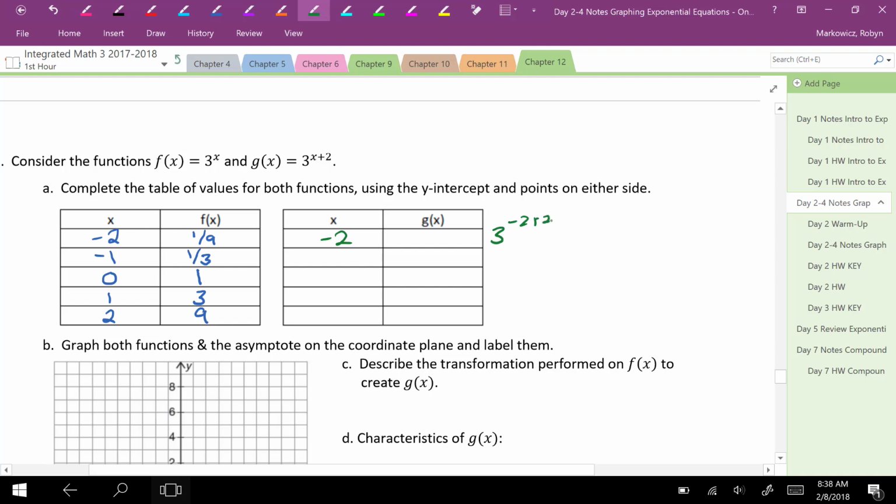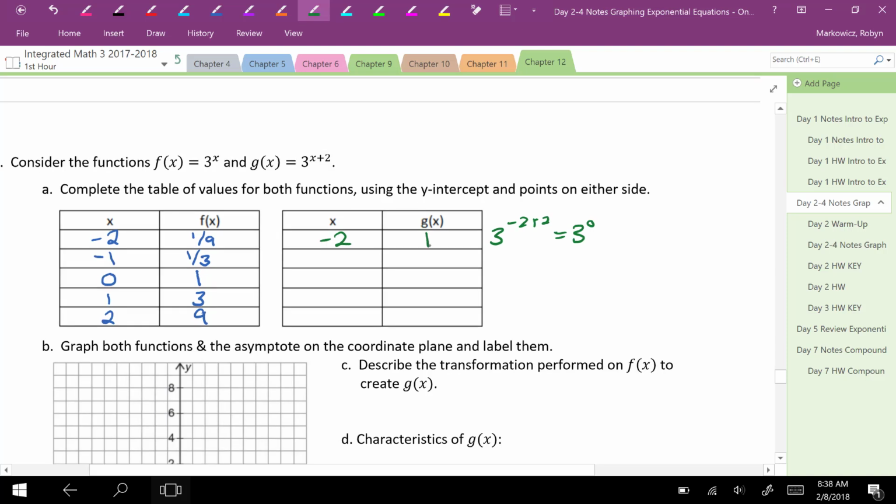What's negative 2 plus 2? 0. What's 3 to the power of 0? 1. All right. What other number would you like to plug in for x? Negative 1. Okay, when we plug in -1, we're going to get 3 to the -1 plus 2. What's -1 plus 2? Positive 1. What is 3 to the first?